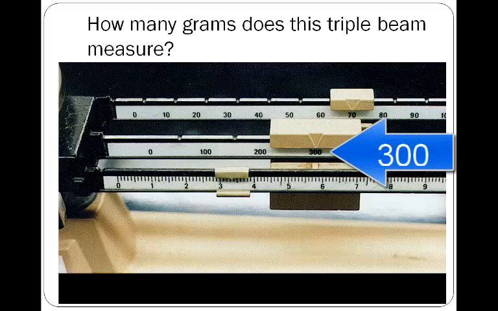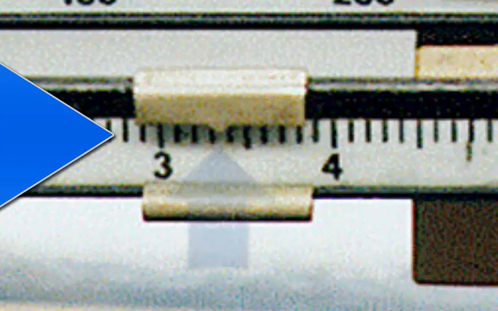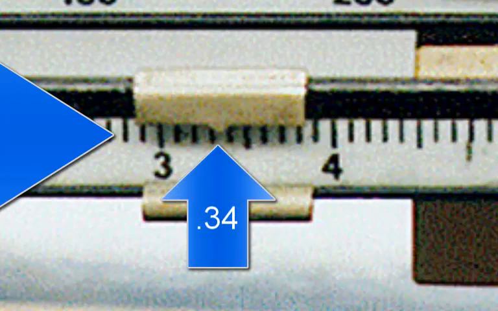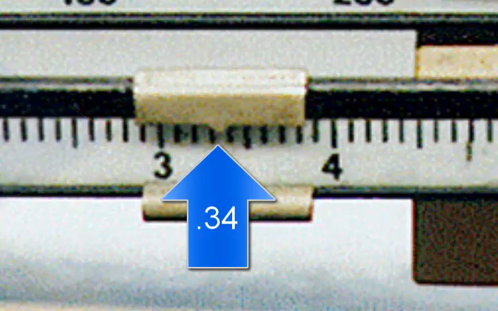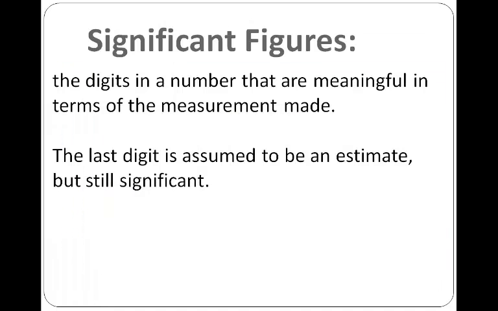So I've got 373 point, and it looks like 0.3, and then I can estimate one more decimal point, so I get 0.34 grams. So the correct way to measure this would be 373.34 grams. That last digit is an estimate.